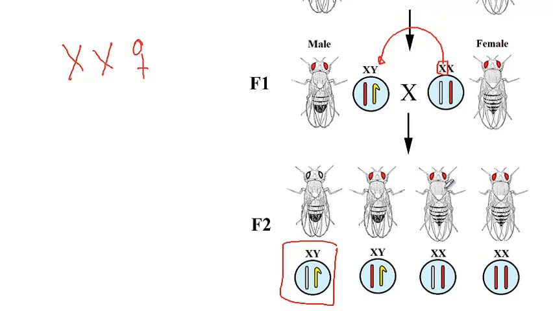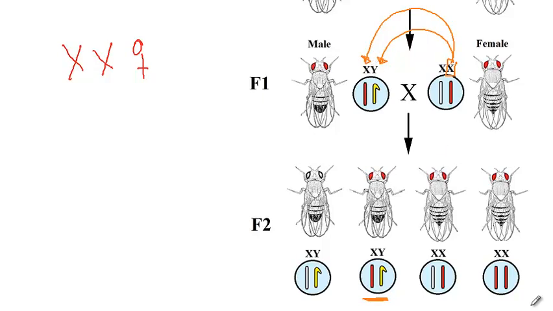Now similarly, we can try to find out what combination we get from the other X chromosomes. So wild-type X chromosome coming with the Y chromosome gives us a male with a red eye color. Or this wild-type X chromosome coming with a wild-type X chromosome, again, that gives us red eye color. So the combination of this cross has given Morgan a 3:1 ratio.